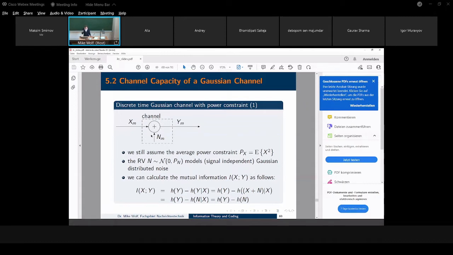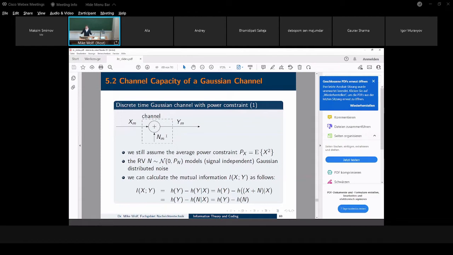So of course, always remember, even if you see pictures where this index here is skipped, we always transmit long sequences of symbols, or let's say in our model of random variables.